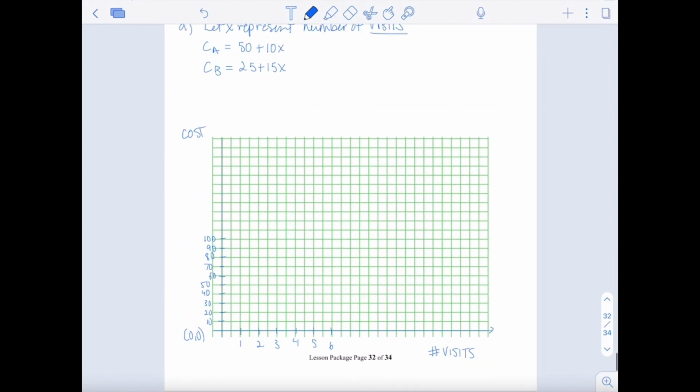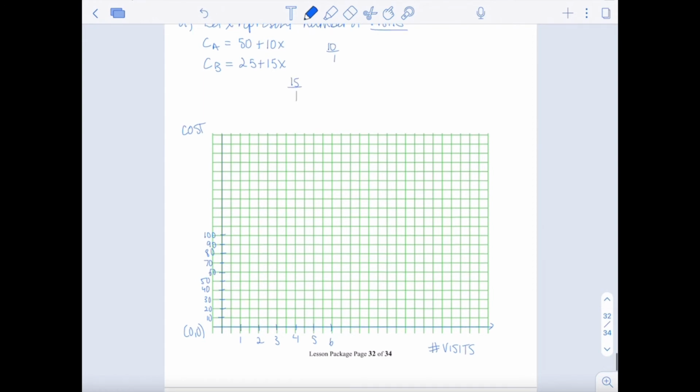Okay, and how did I know that? Because I can see the slope is 10 over 1, and here the slope is 15 over 1, right? So I'm going to do plan A in blue. So we're going to start at $50, and we're going to go across 1 and up 10, across 1 and up 10.